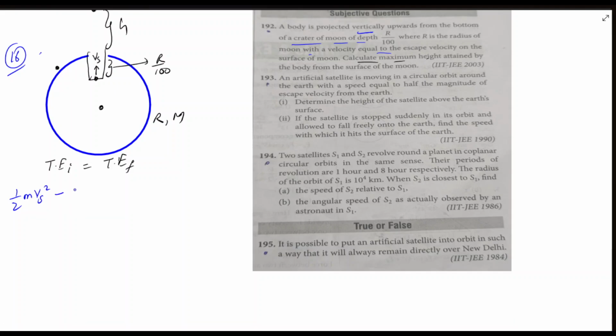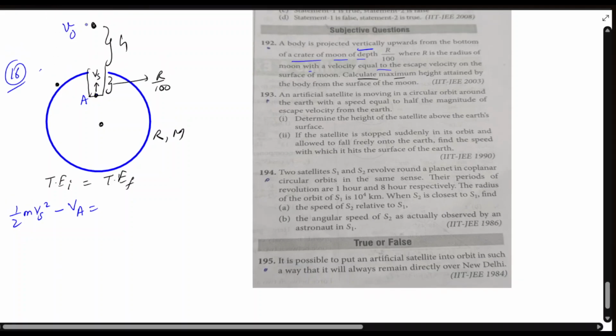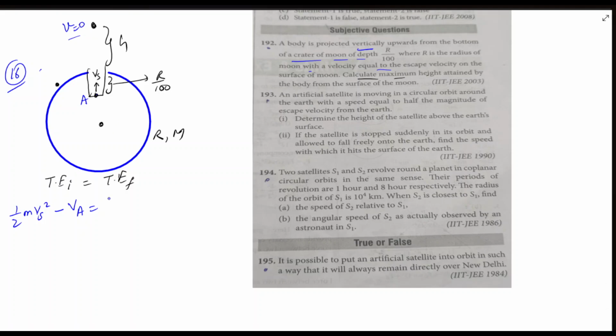v_s square minus, now we have to write the potential at A. The final will be, it will be at rest here, right? So velocity here will be zero. So the potential will be minus G small m capital M by r plus h.